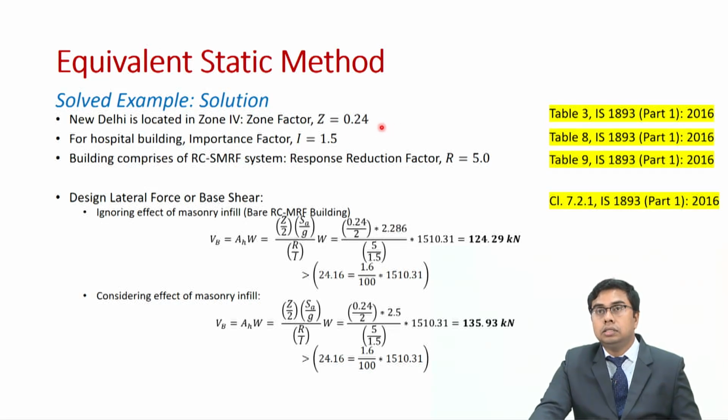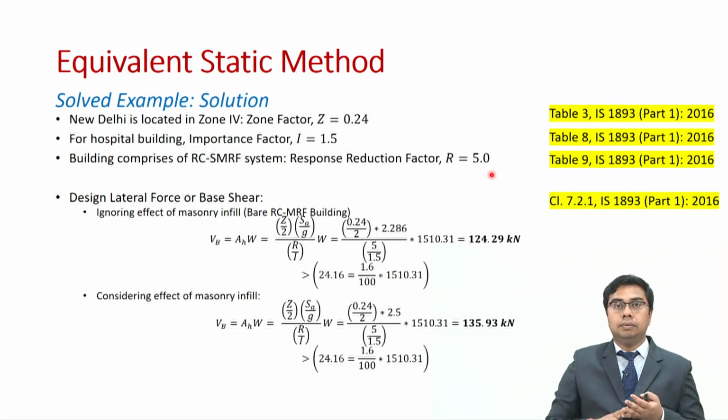We have already seen the values of zone factor in the last class, or you can always go to various tables which are mentioned over here in the slide in order to find out what shall be the value of these factors, whether it is zone factor or importance factor or response reduction factor. Since it is a hospital building, the importance factor shall be taken as 1.5, and since the building comprises of reinforced concrete special moment resisting frame system, the response reduction factor can be taken as 5.